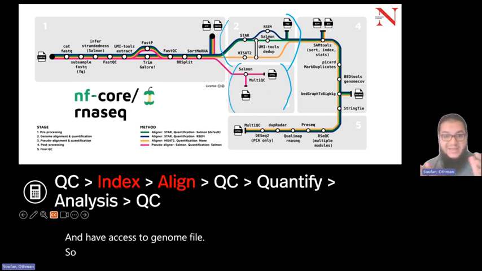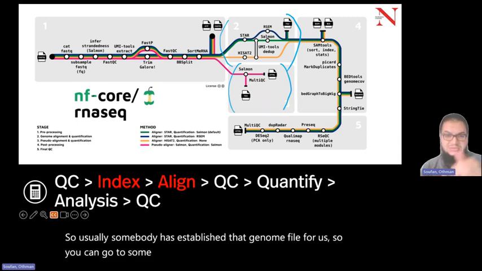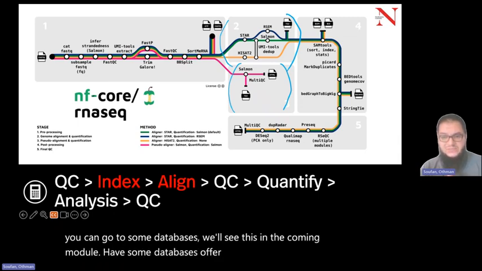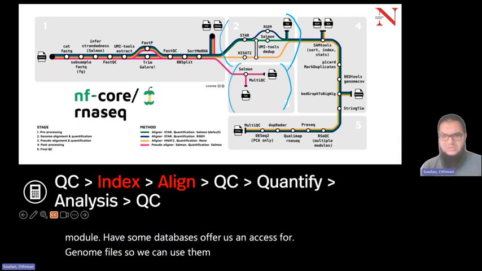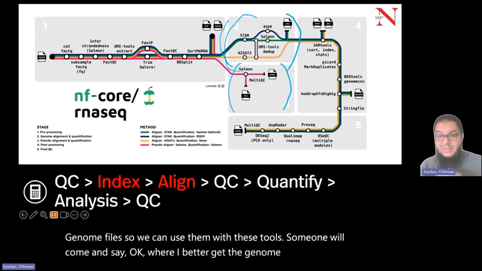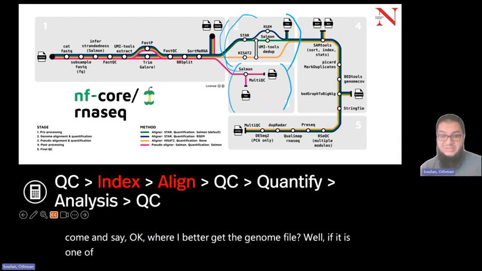Usually somebody has established the genome file for us, so you can go to some databases. We'll see in the coming module how some databases offer access to genome files, so we can use them with these tools. Someone will ask, where do I best get the genome file? Well, if it is one of the species already known and characterized, the information is there, and you go and download it.